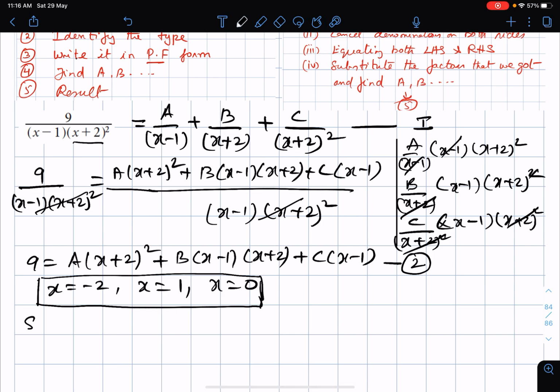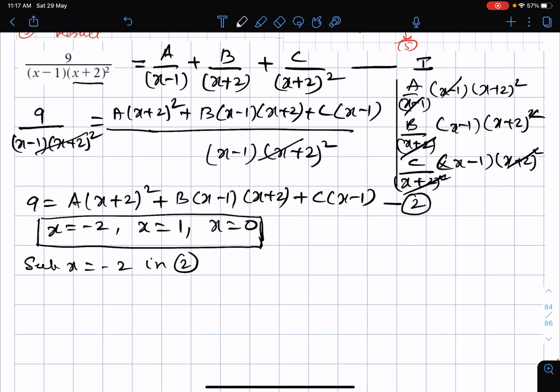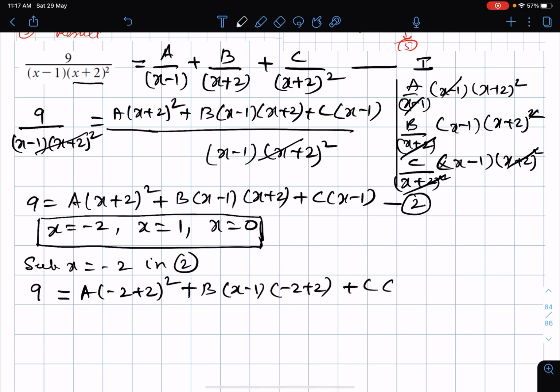Therefore, substituting x equal to minus 2 in 2. Left hand side nothing changed, only the constant, so 9 as it is. a into (minus 2 plus 2) the whole square plus b into (minus 2 minus 1) into (minus 2 plus 2) plus c into (minus 2 minus 1). Now this becomes 0, similarly this becomes 0, so a and b get cancelled, and you get 9 equals minus 3c.